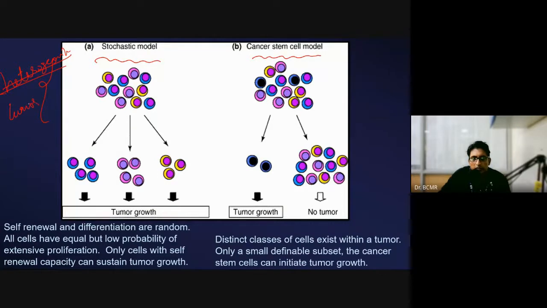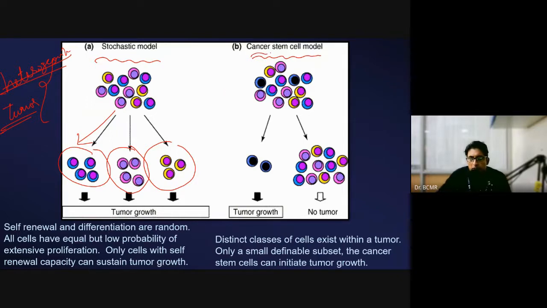Can any cell in a tumor cause a tumor or not? In the stochastic model, any of the cells can keep on growing, and different cell types are given rise to by different progenitor-like cells, or each of them has the potential to give rise to a tumor.